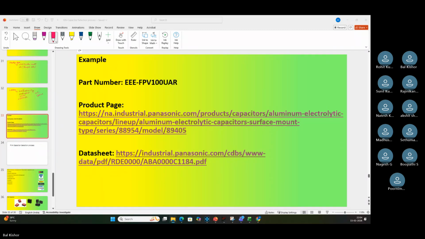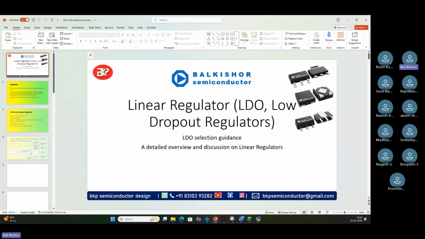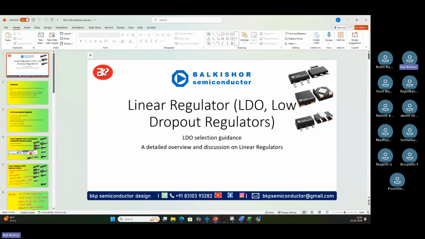Now what? Let us quickly go ahead with linear regulators. Okay, so linear regulators, just now we have seen. It all depends on your package, which package you are going to utilize in linear regulators. So I think let's do the linear regulators later.